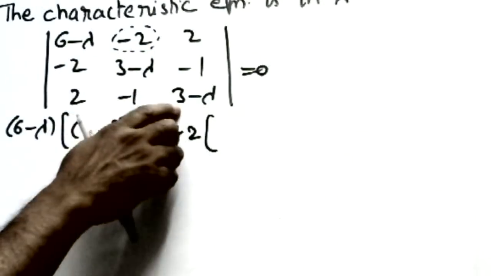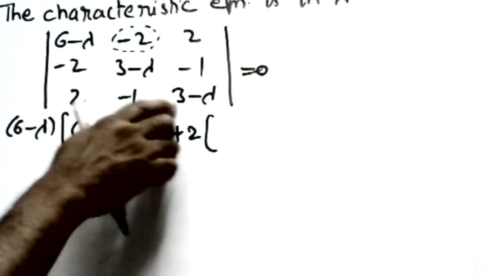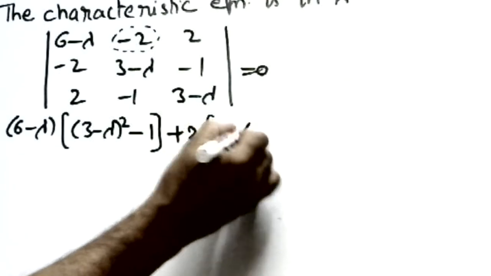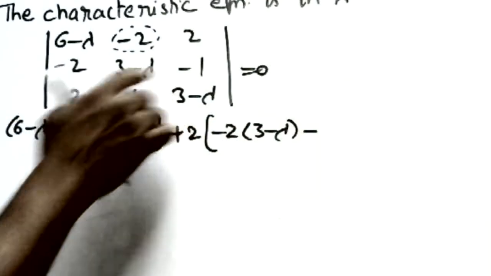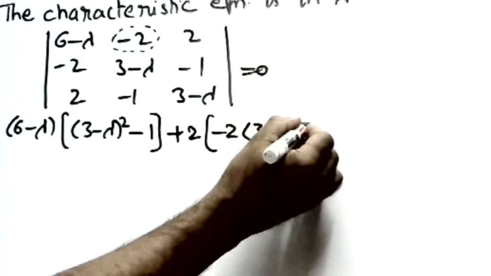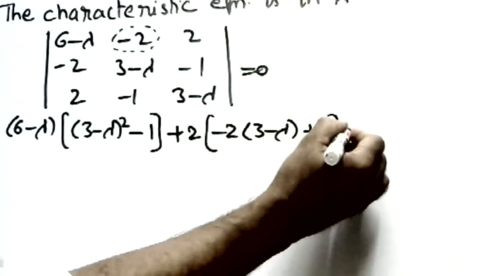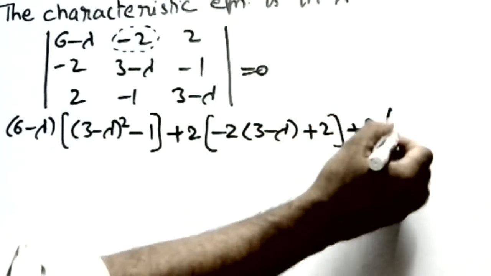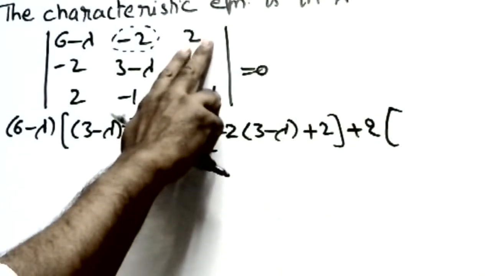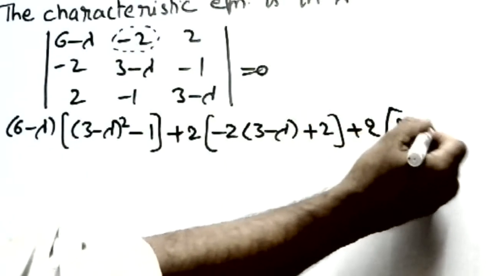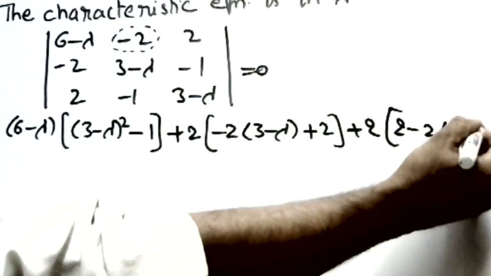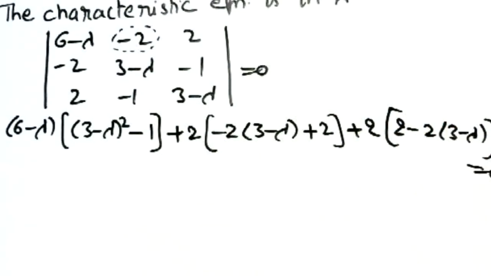Now hide this column, multiply this 2 and this 2: minus 2 into (3 minus lambda), minus 2 into minus 1 minus 2. Lastly plus 2 into, hiding this one, minus 2 into (3 minus lambda) equals 0.